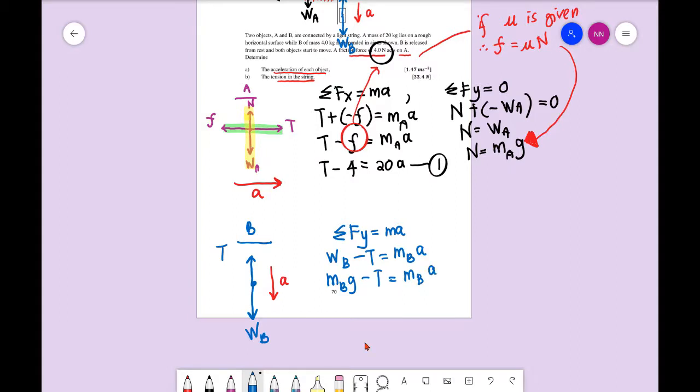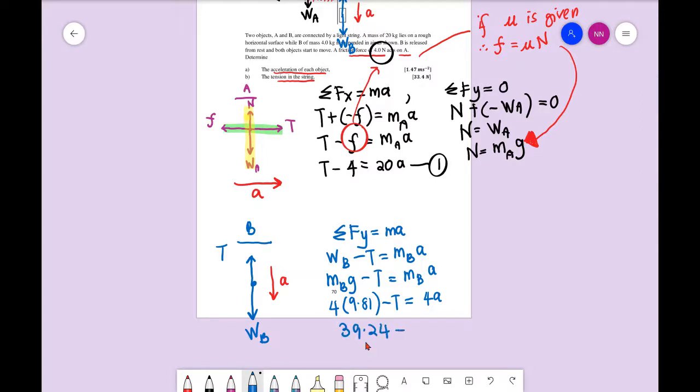So substitute mass B. Mass B is 4 kilograms, times g is 9.81, minus tension equals 4A. Maybe we can simplify: 4 times 9.81 equals 39.24.